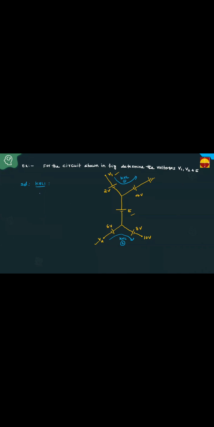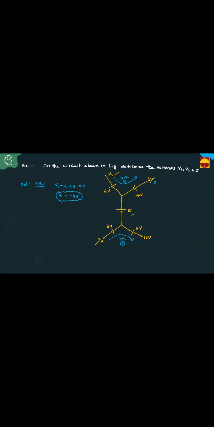I explained it in the discussion of KVL. This is V1, positive to negative, negative, -2, negative to positive, positive, plus 4. This is ground potential, this is grounded, ground equal to 0 potential. Then from this, what is V1 equal to, friends? -2 volts. Okay.